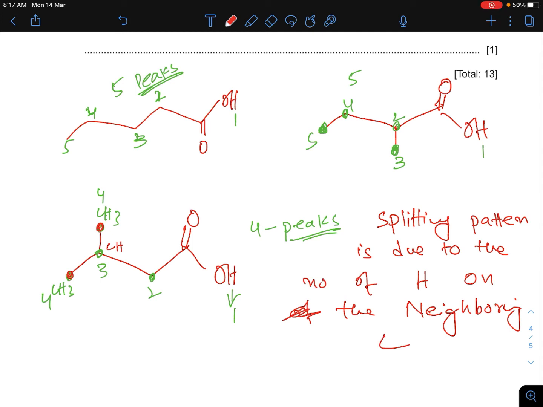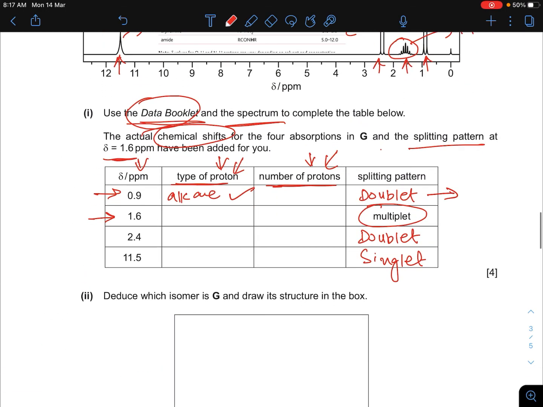So at 0.9 we have a doublet. That means the neighboring carbon atom has only one hydrogen. If you look at this carbon, it has only one hydrogen. So this CH3 and this CH3 both would give a doublet, right? So this is our required structure. How many hydrogens are responsible? 3 and 3. In total 6 hydrogens, so number of protons would be 6.